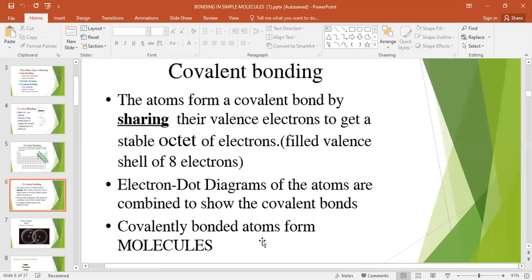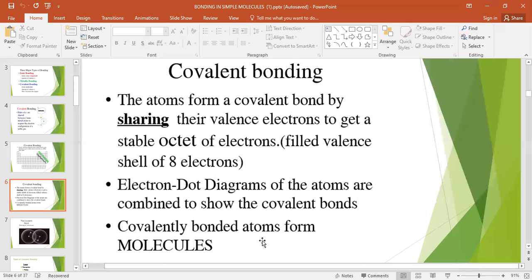We can differentiate that these electrons come from the second atom and these electrons come from the first atom. That's why we represent electrons by dots and by crosses. It's not necessary, though. You can put a cross here, a dot there.